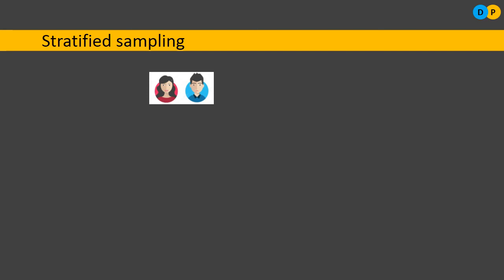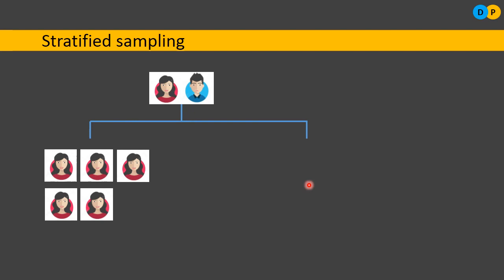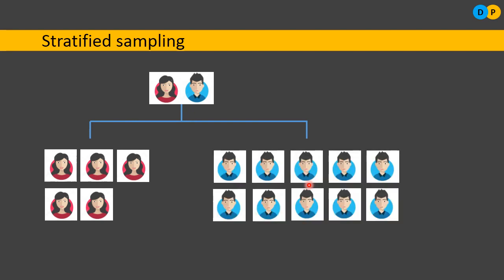So in stratified sampling, in case the units of a population are heterogeneous, a mixture of different types of units, then I can follow the stratified way of choosing samples, where the entire population will be divided into strata. As you can notice here, the entire population of male and female is divided into a female population and a male population.